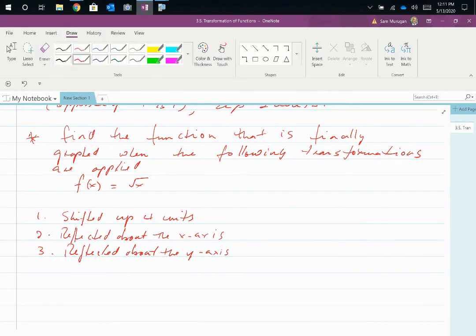So let's start doing this transformation. We started with f of x is equal to the square root of x. Then we moved it up 4, add 4 to the function. We reflected it about the x-axis, meaning we put a negative sign in front of the function. So we've got square root of x plus 4 is the function. And we're taking the negative of that function.